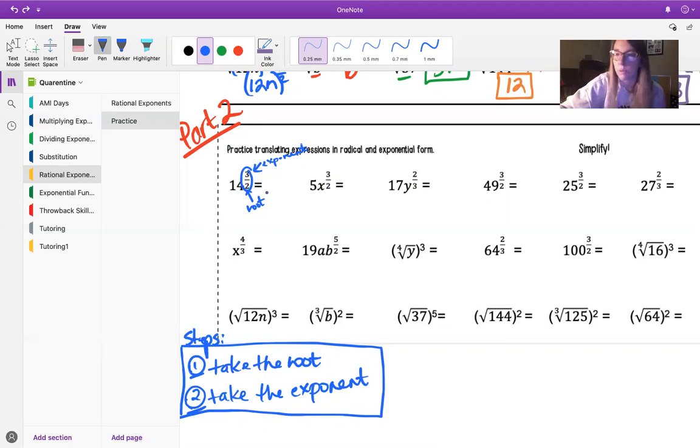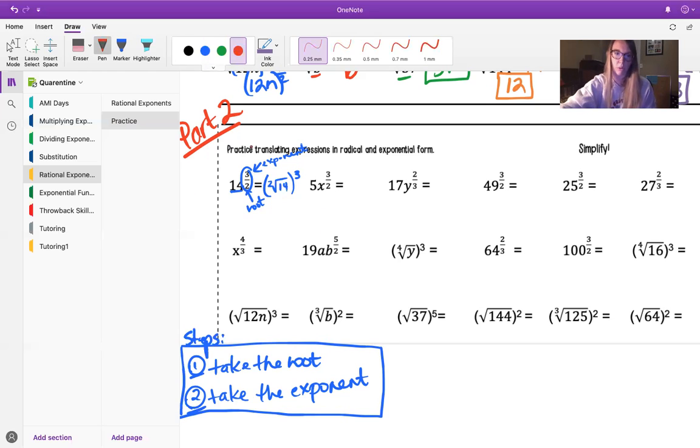Okay, so let's rewrite the problem. We have the square root of 14, so the base under the root. And then we're going to take that and we're going to square it. We're going to cube it, I'm sorry. Let's refer back to our steps.